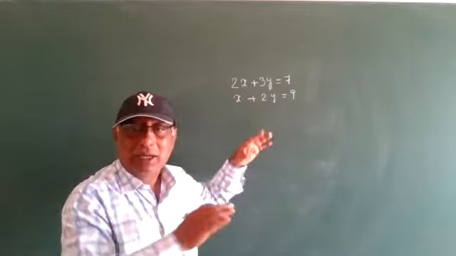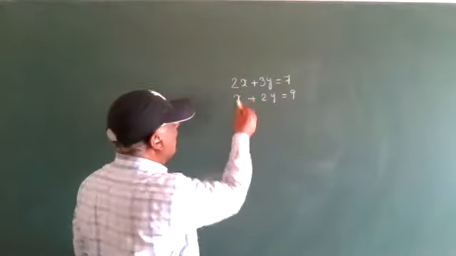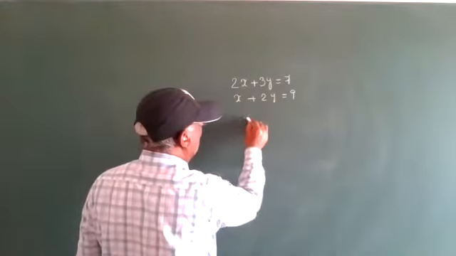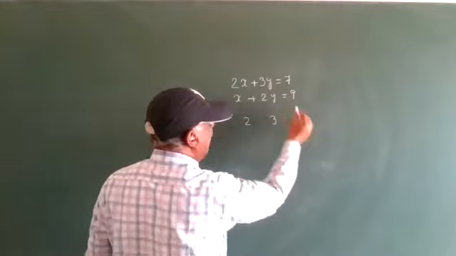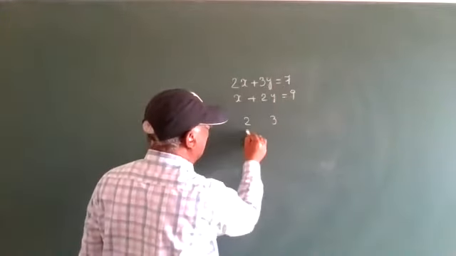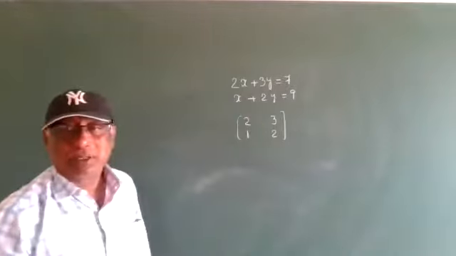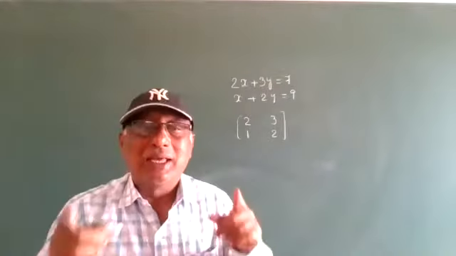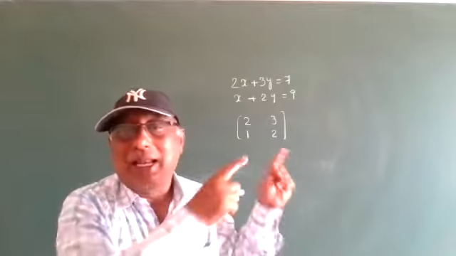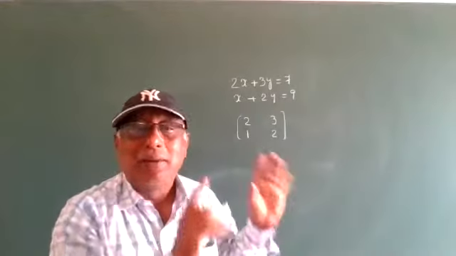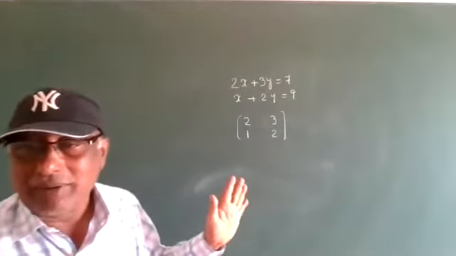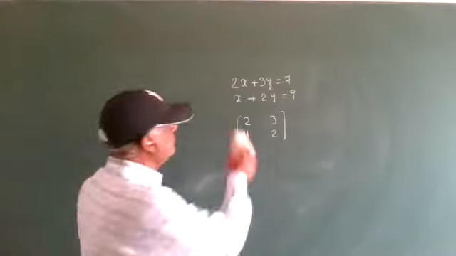But here we are solving without x, y, z. So 2, 3 is the first line, 1, 2 is the second line. This can be solved by the real number process. So solving the straight lines by the real number process is called matrices. This point is clear, everyone?